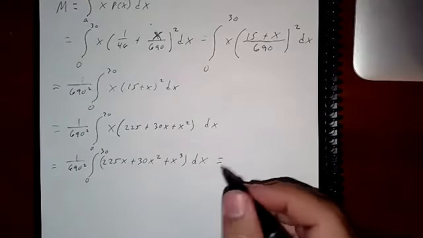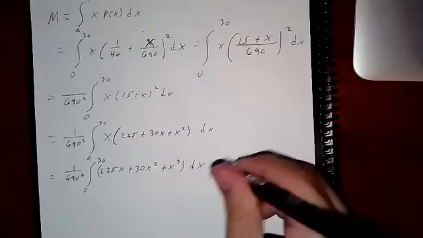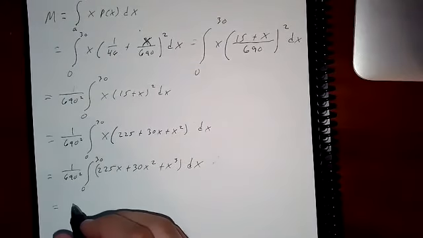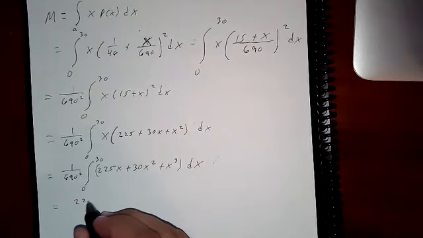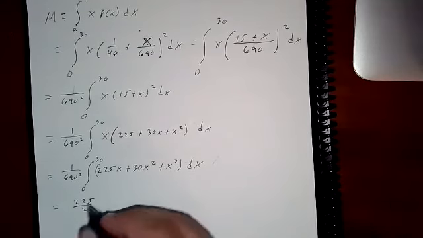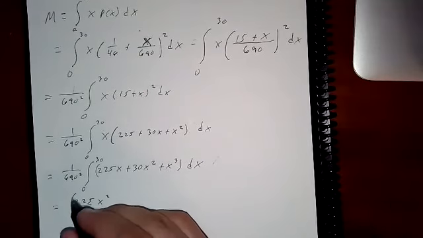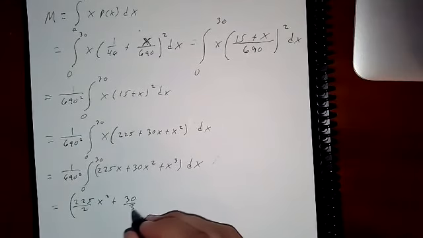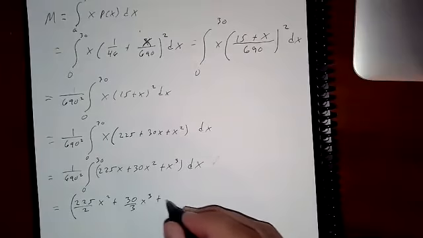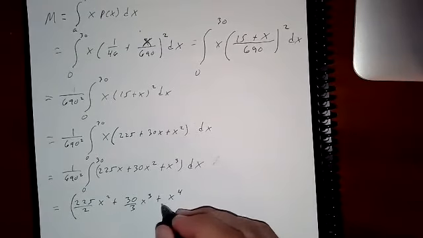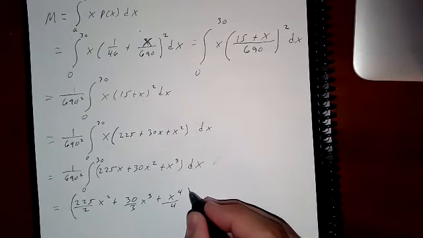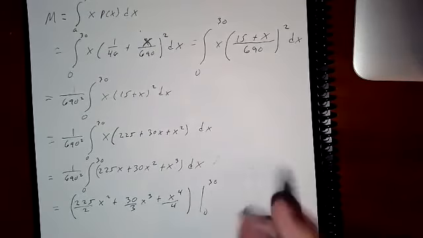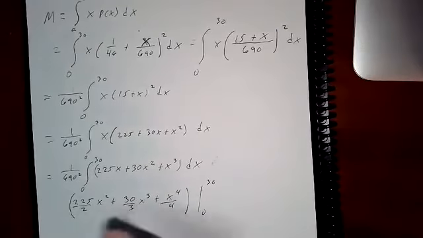So this will give us 225 over 2 x squared plus 30 over 3 x cubed plus x to the fourth over 4, from 0 to 30. And my 690 weirdness is still out here somewhere.